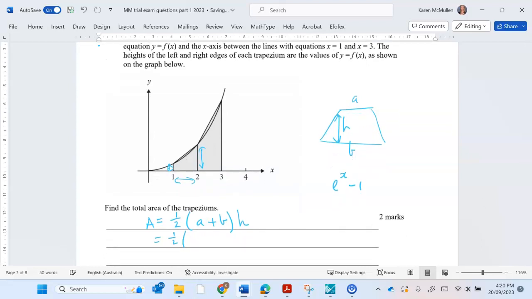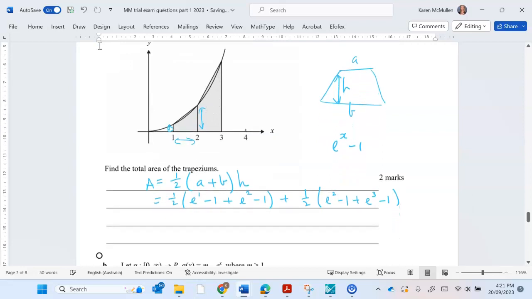So the first one: e to the power of 1 minus 1 plus e to the power of 2 minus 1. Right, so there's the area of the first trapezium, and then the area of the second trapezium: e to the power of 2 minus 1 plus e to the power of 3 minus 1.